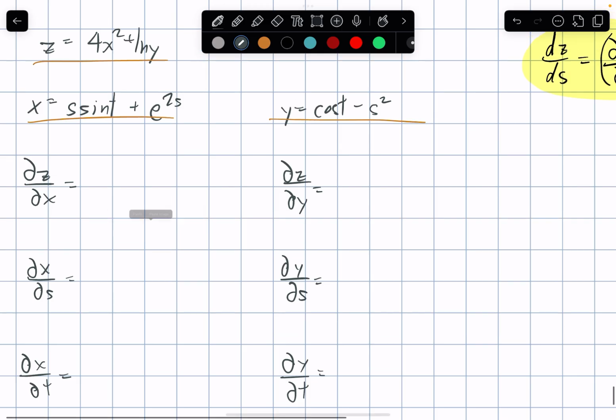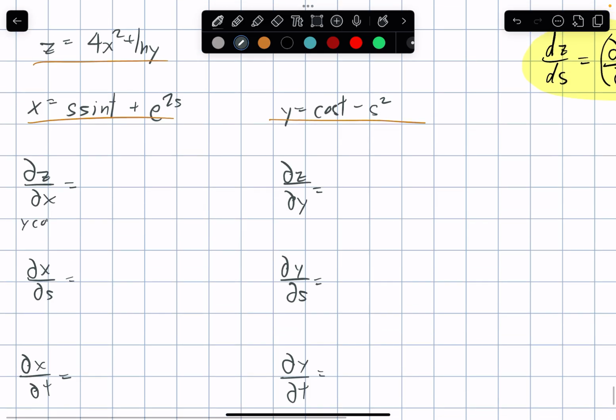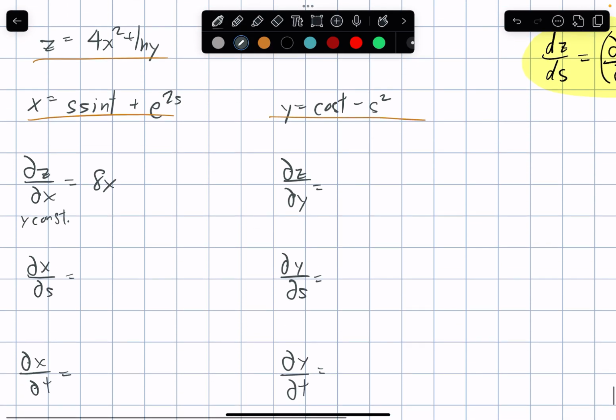So now, here y is constant, right? So 8x, same concept. Here y is constant, so 1 over y. In partial x over partial s, t is going to be constant.